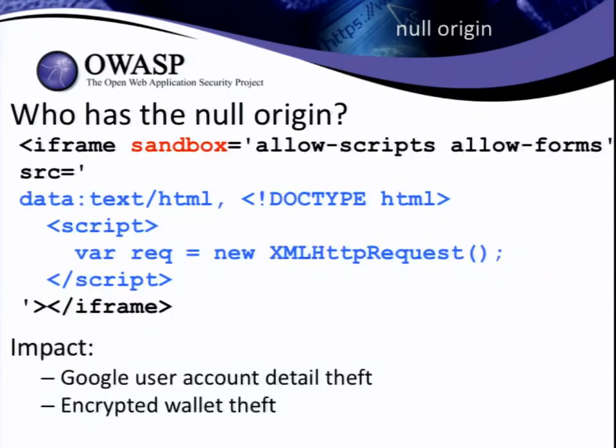And what that meant was that I could read data from that Google PDF viewer, including users' account details, their Google Plus profile and user ID and so on. And also, I could grab hold of encrypted backups of users' Bitcoin wallets. And okay, they are encrypted, yes, but they're encrypted with users' passwords, which they've chosen on a site which at the time had no strength password meter or anything like that.